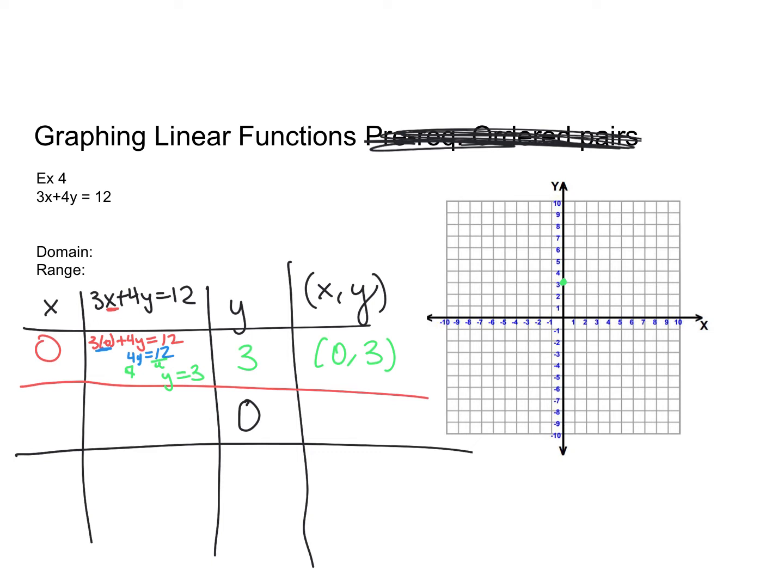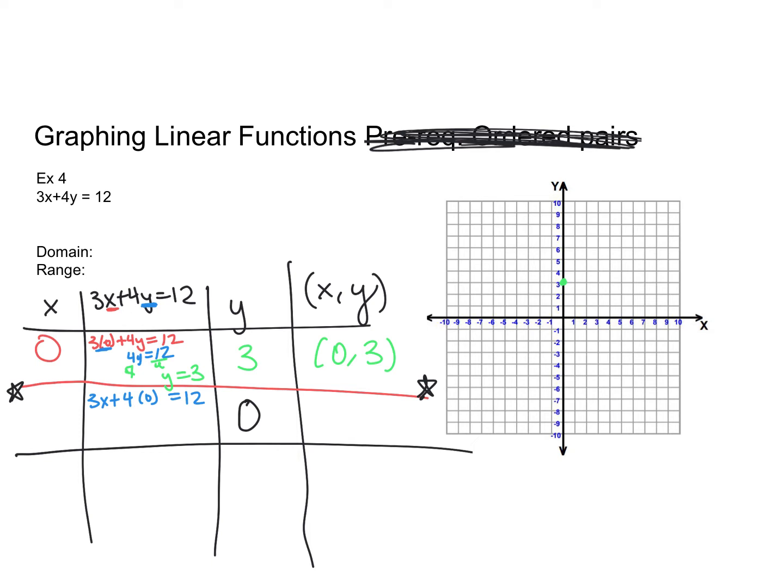Okay, so I know that all this time we've been plugging in for x and picking x values, but I want you to know you can also pick y values as well and solve for x. So that's the little disclaimer that I would give. I would go ahead and plug 0 in for y. So 0 is going to go in for y, which is right here. And so I'm going to have 3x plus 4 times 0 is equal to 12.